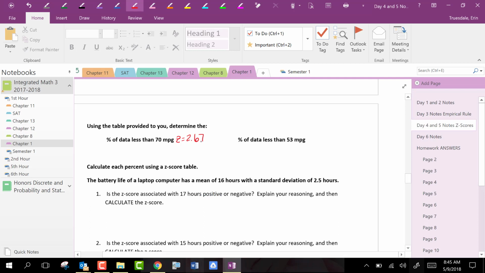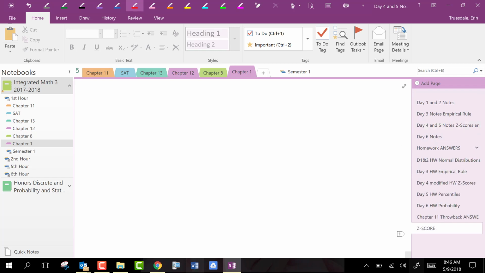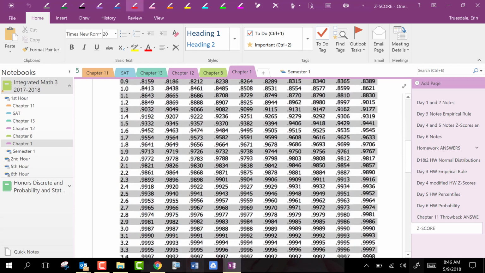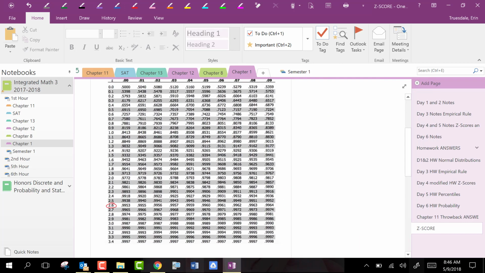We go down to 2.6, and then across to 0.07. That's where it matches up.